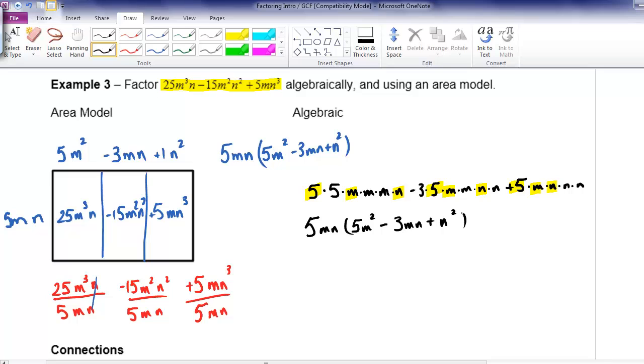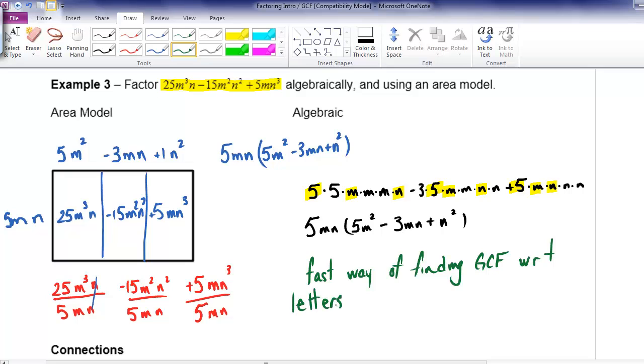Now, there's a fast way of finding the greatest common factor with respect to the letters.